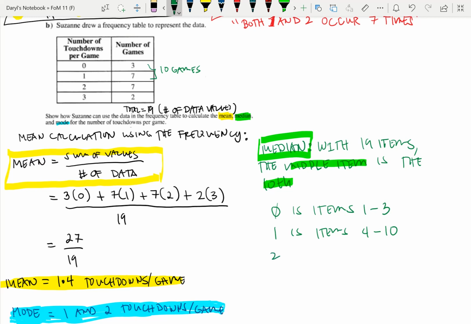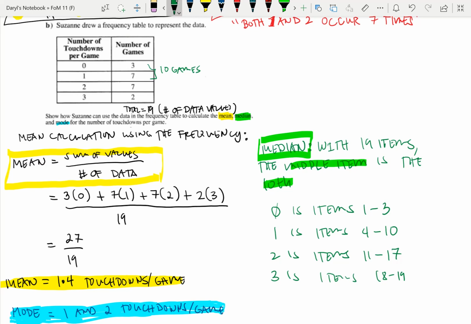And then 2 is items 11 to 17. And then 3 is located in items 18 to 19.